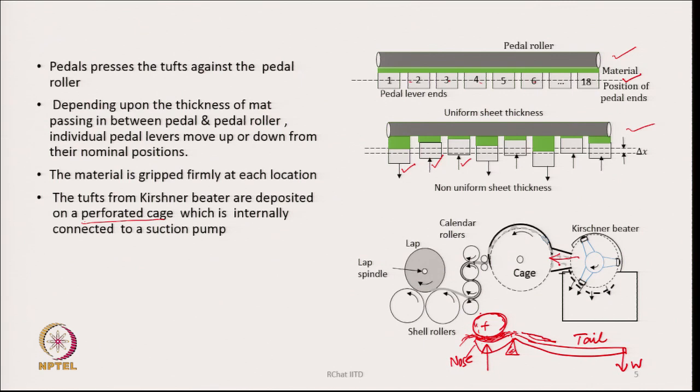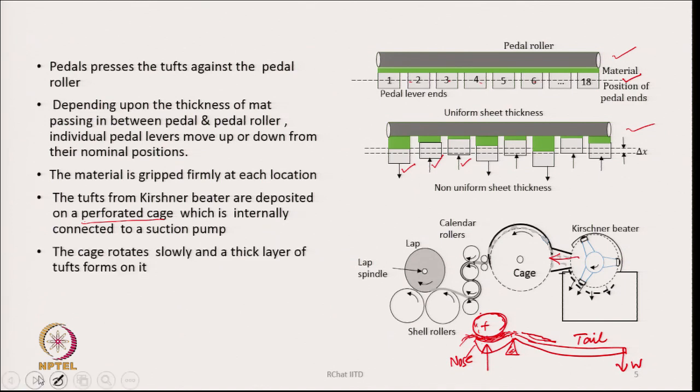This is a cage where there is an internal suction. This perforated cage is connected to a suction fan. That means, through this perforation we are sucking air, and that air current will carry the fibers from the beater chamber onto the surface of the cage. So, all these tiny tufts will be deposited on the surface of the cage, and the cage actually rotates slowly.